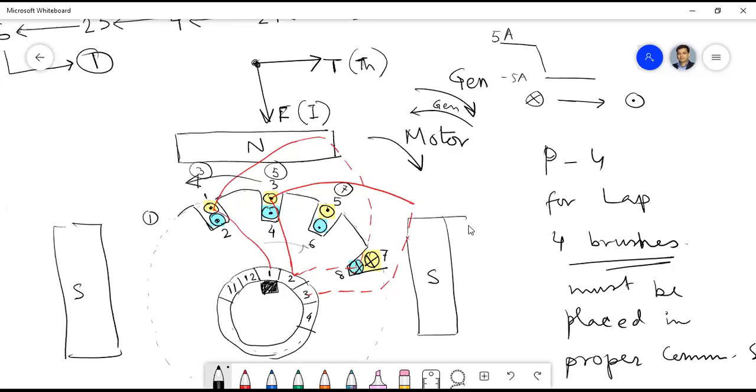Now there will be some change from 5 ampere to minus 5 ampere. This process of changing the current direction is called the commutation. Are you getting this point? This changing of current direction is called the commutation.